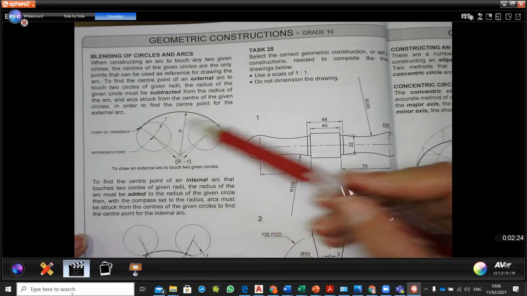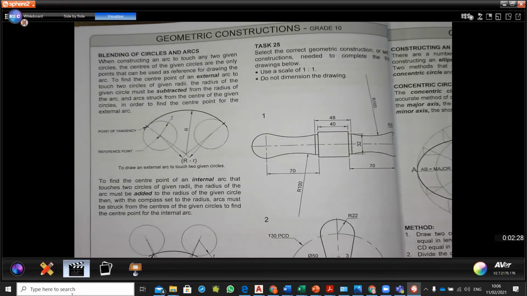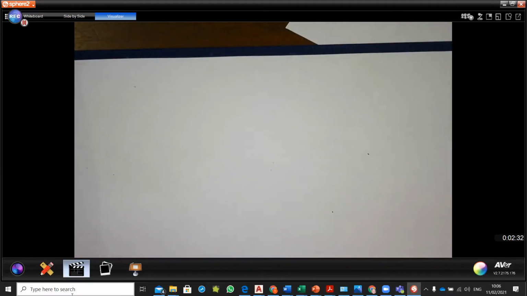So we are going to start off by drawing two circles. We're going to put this in practice.